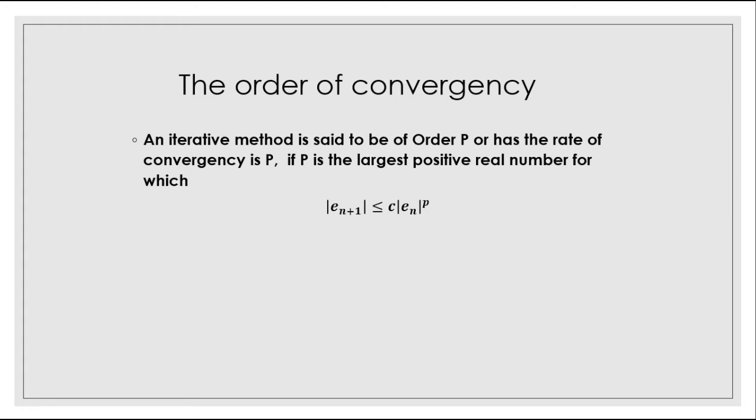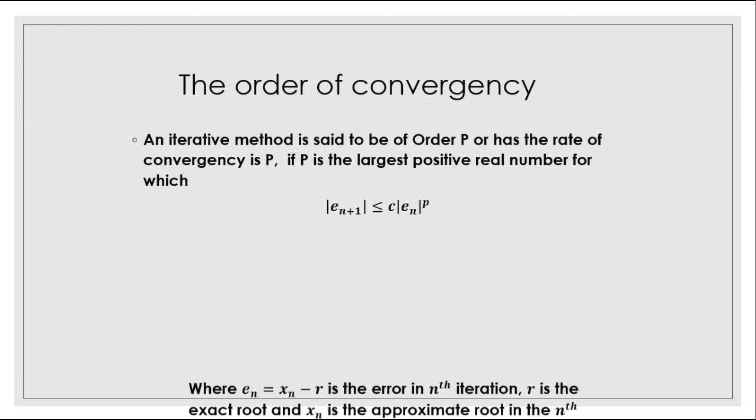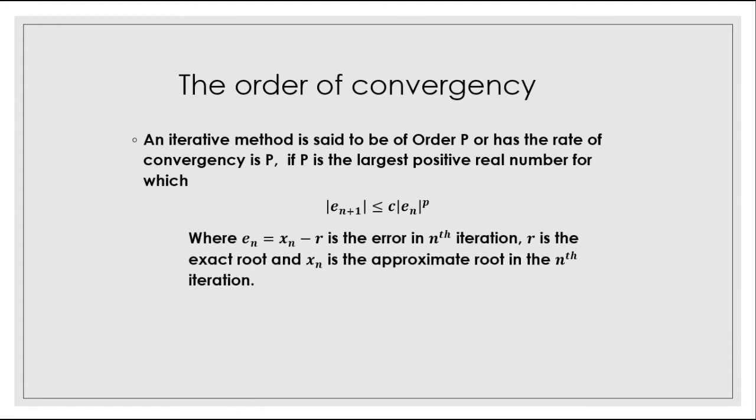C is any constant, it may be 1, 2, 3, 4, an arbitrary real number, where e_n represents the error in the nth iteration, and r is the exact root of the function, if we can find the exact root.